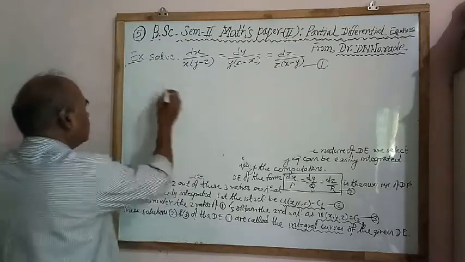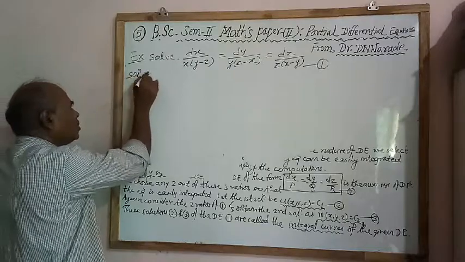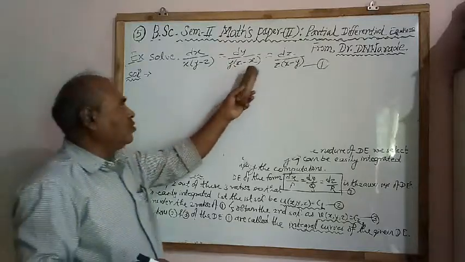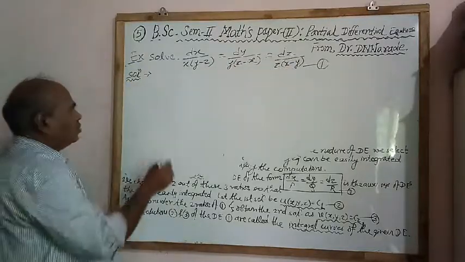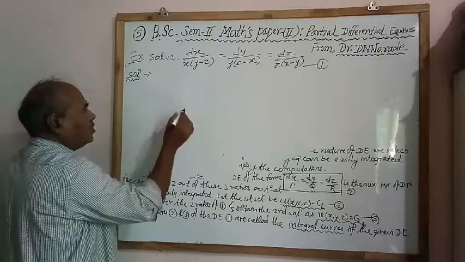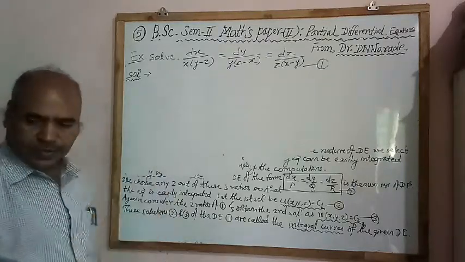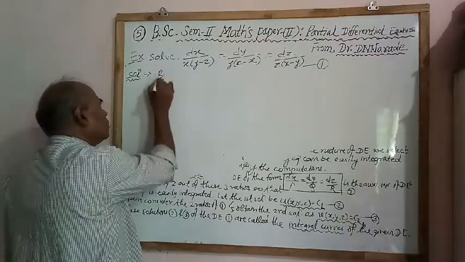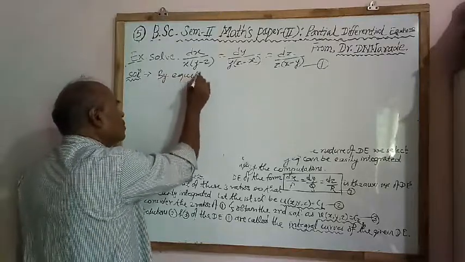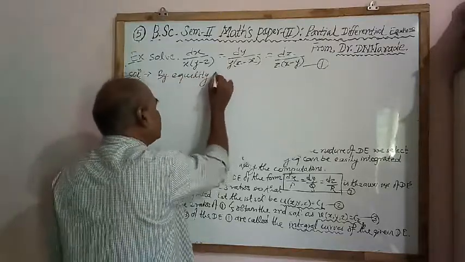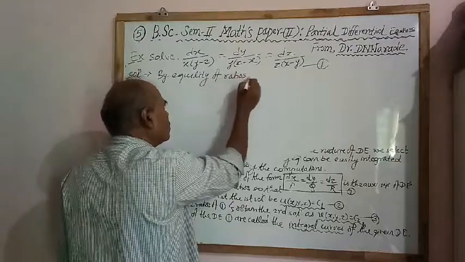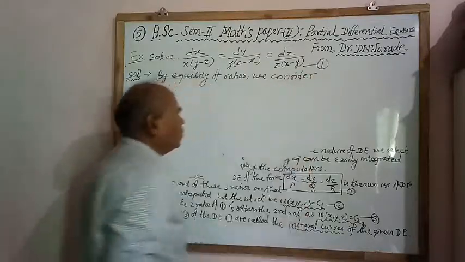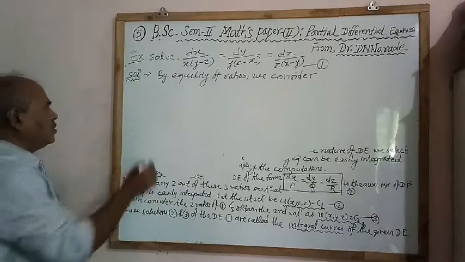Now to obtain the solution, we consider two ratios of this equation. This is already in the form of dx by p equal to dy by q equal to dz by r. Therefore, by equality of ratios, we consider the combination dx plus dy plus dz.